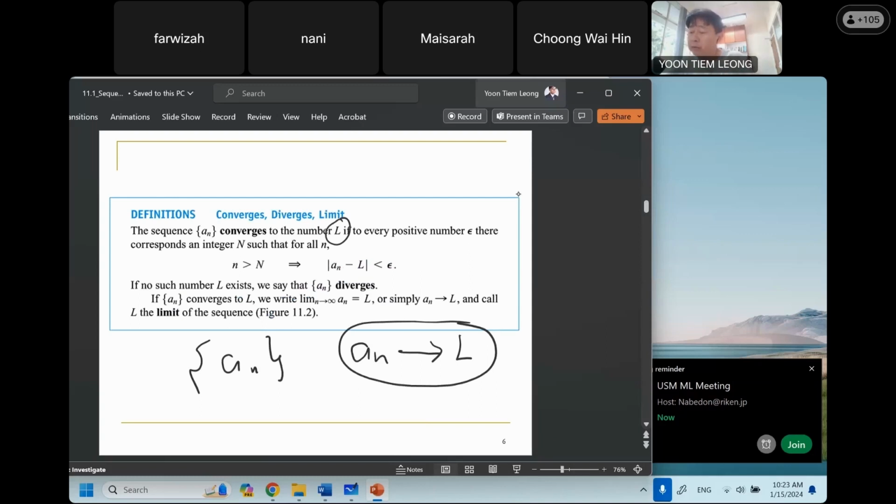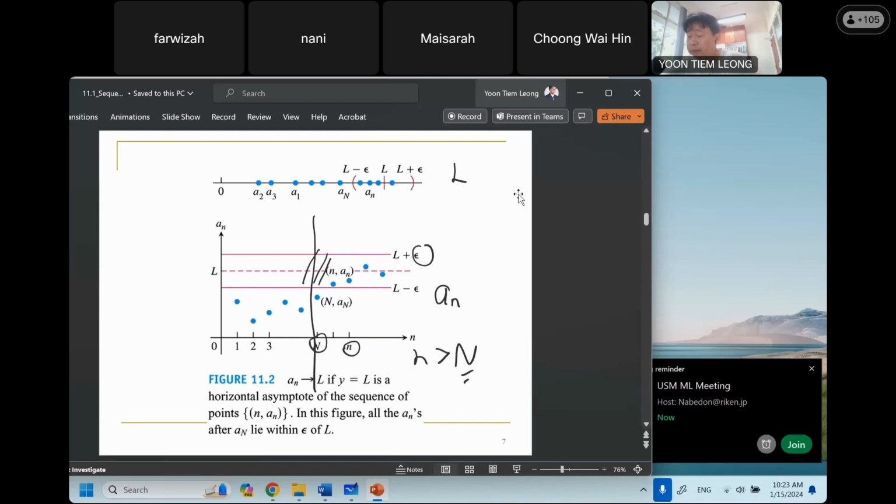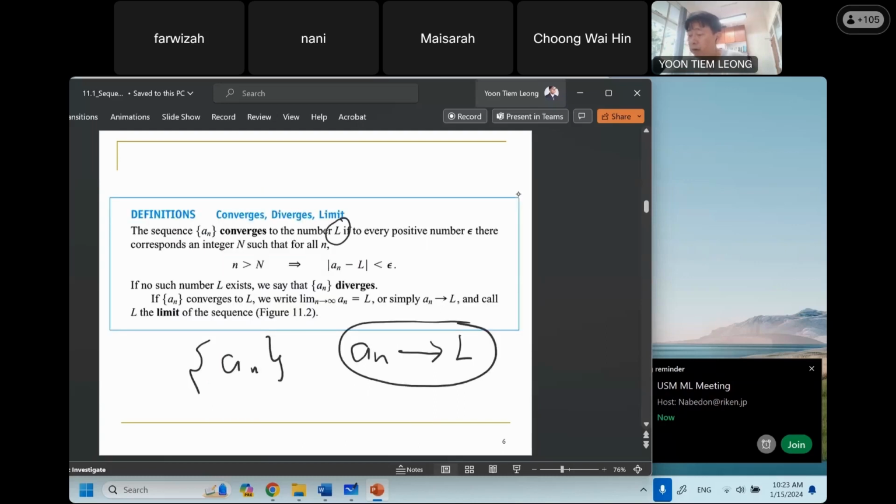If there exists no such value of L, then we say the sequence does not converge. This is the formal definition of the convergence or divergence of a sequence.